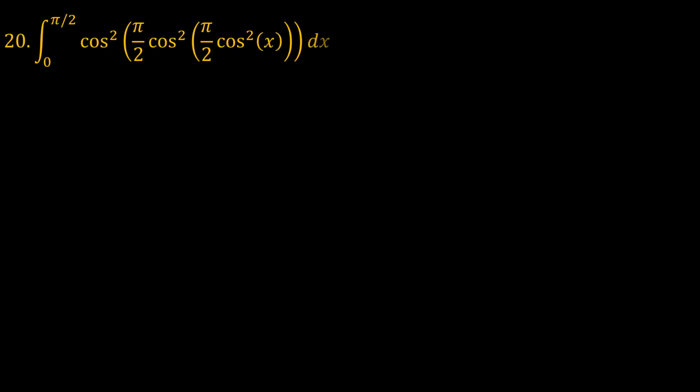So problem 20 is the definite integral from x equals 0 to x equals pi over 2 of cosine squared of pi over 2 times cosine squared of pi over 2 times cosine squared of x.